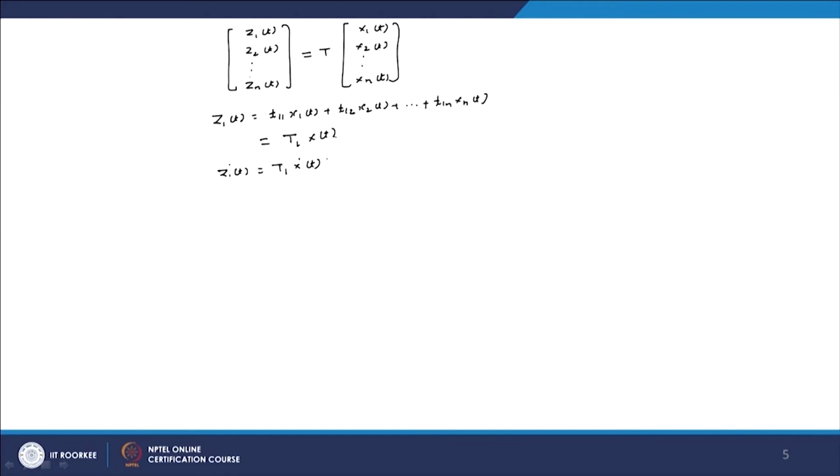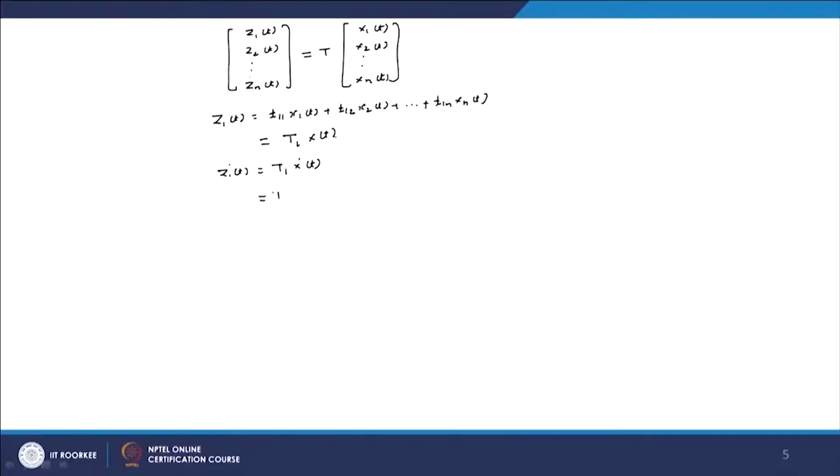Now, we know x dot t is equal to Ax plus Bu. So, we write this x dot t in terms of Ax plus Bu. So, we can rewrite this as T1 into A x of t plus B into u of t.